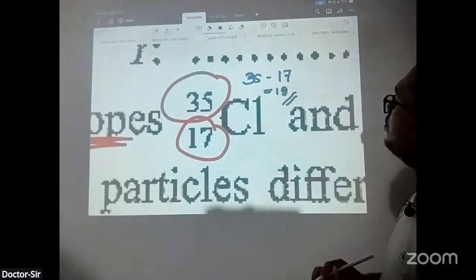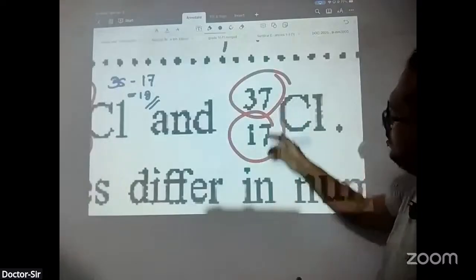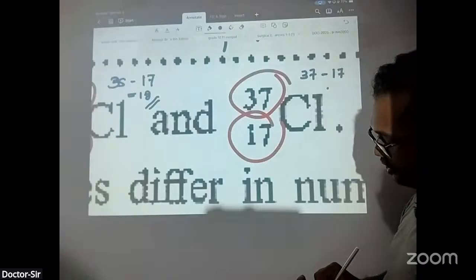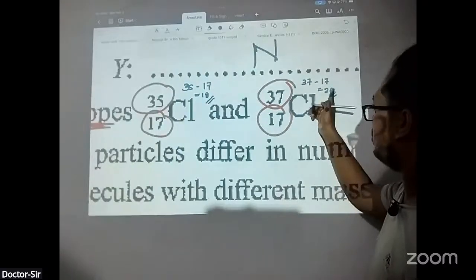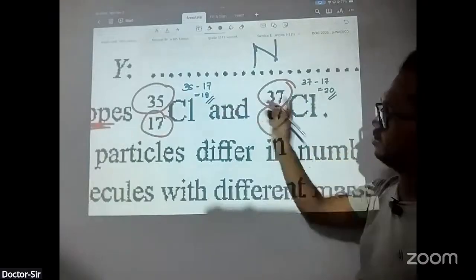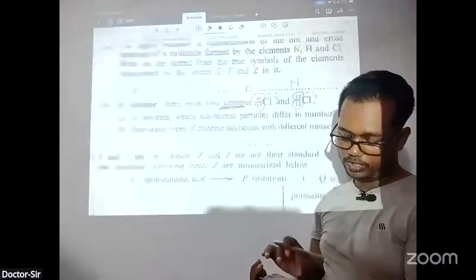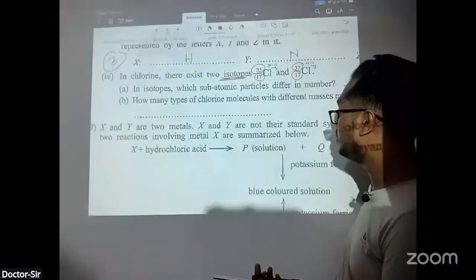So that is the number of neutrons. එහෙනම් මෙතන 37 minus 70. So it will give around 20. So you can tell the number of neutrons are different here, right? Okay. So the answer for question A is neutron.